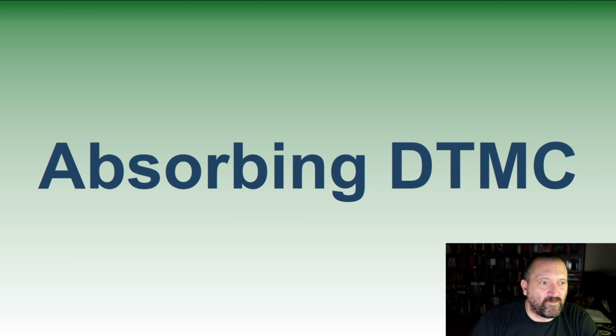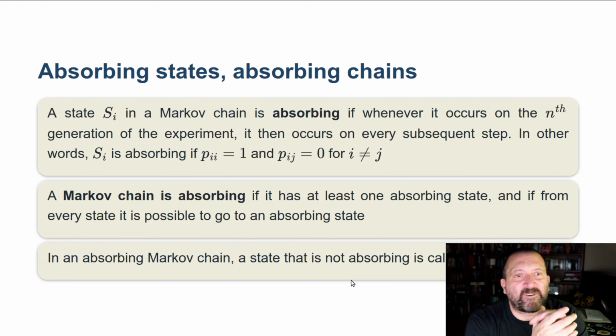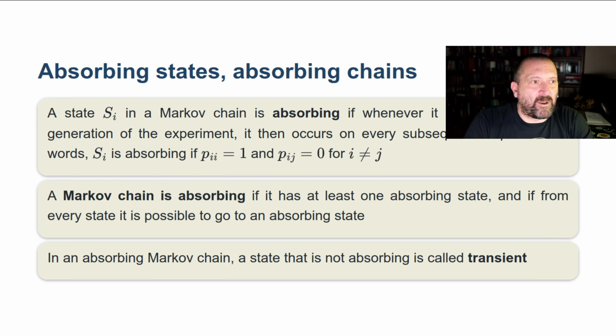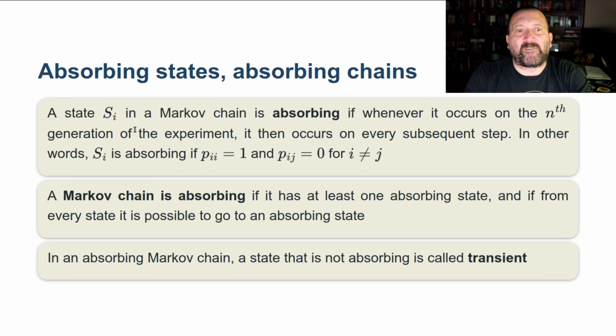Now let's move on to absorbing chains, which are much more useful in the disease modeling context. A chain is absorbing if it has an absorbing state. So let's start with the definition of an absorbing state.